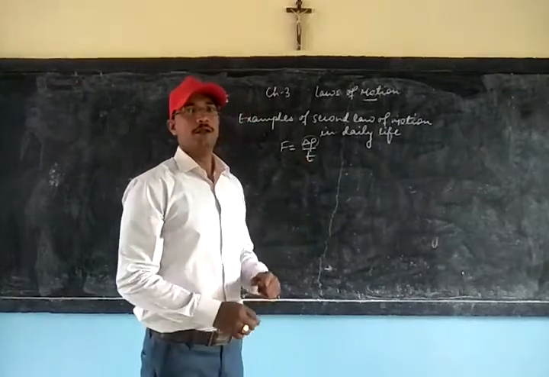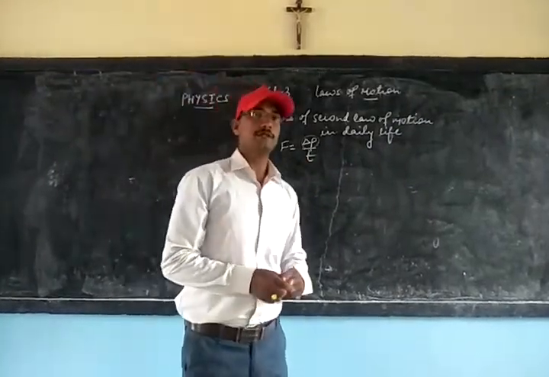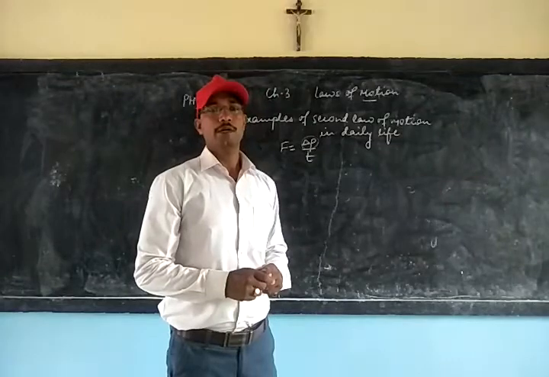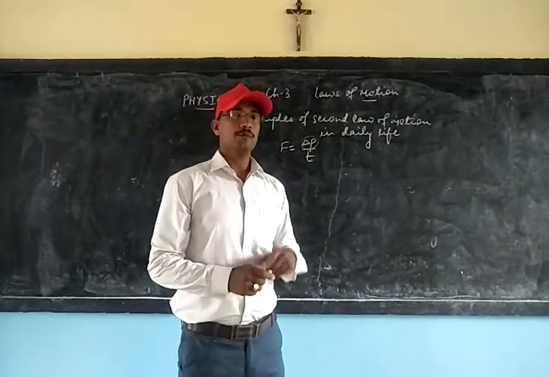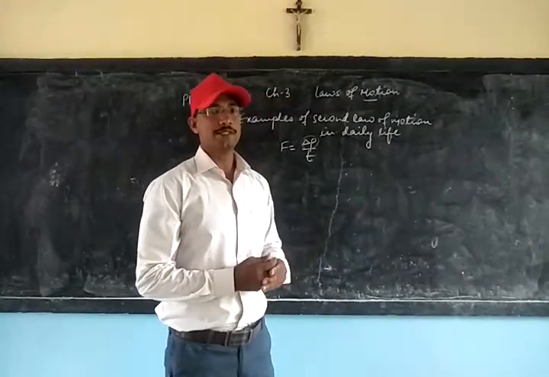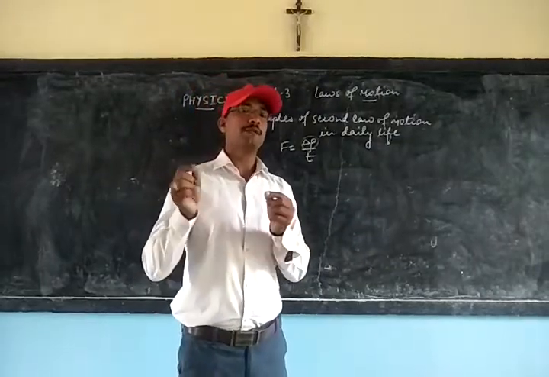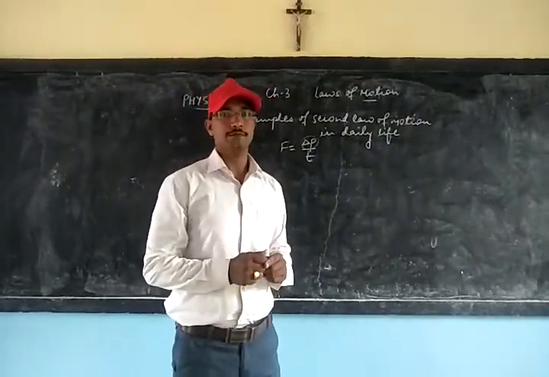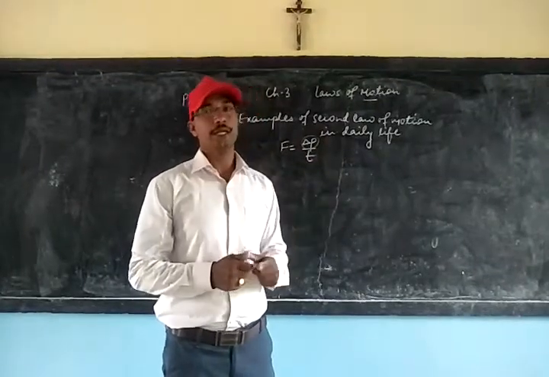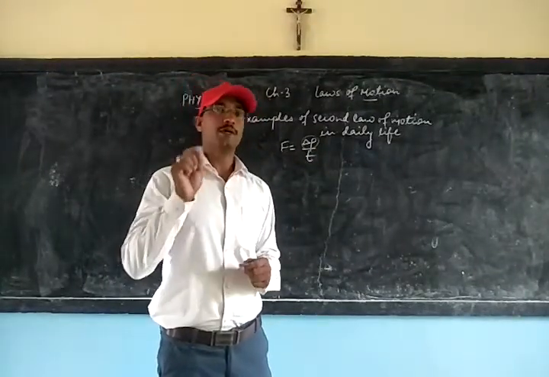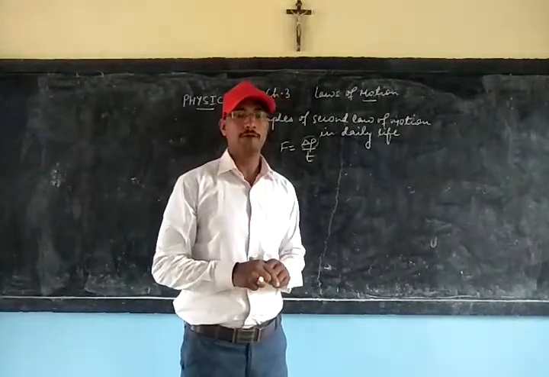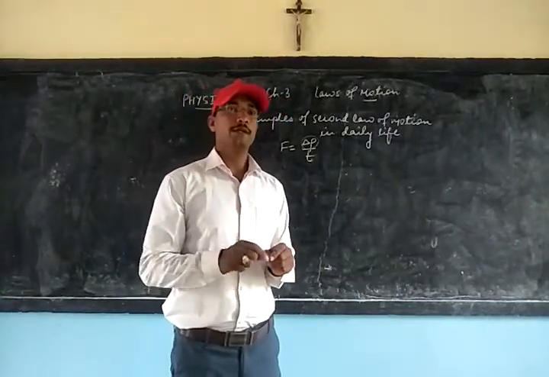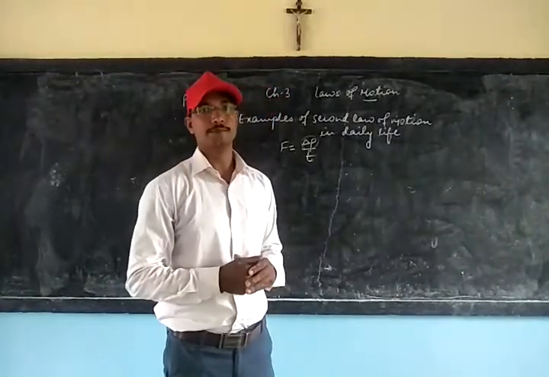For example, when a cricketer hits a ball, it is found that the ball is being hit for 6, but the contact between the ball and the bat is only for a very small duration. But the force applied is very large, and because of the large force being applied on the ball, you find the ball going for a 6.